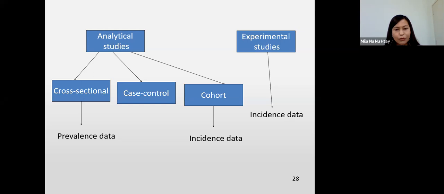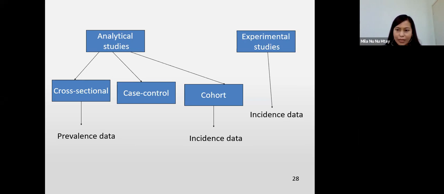For example, in breast cancer, I recruited 100 cases, and then the controls, women free from the disease, 100 controls. Then I asked about previous exposure to HRT or any hormonal treatment, and previous history of breastfeeding, etc. So I asked the past history.